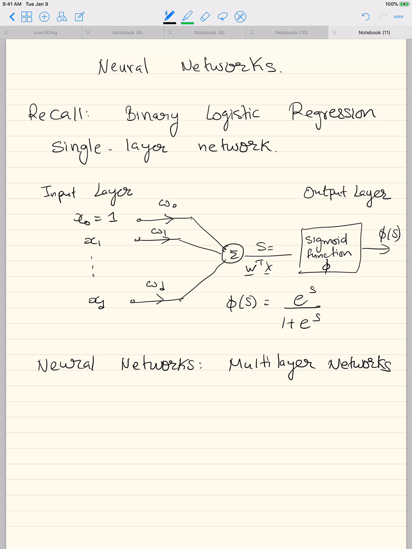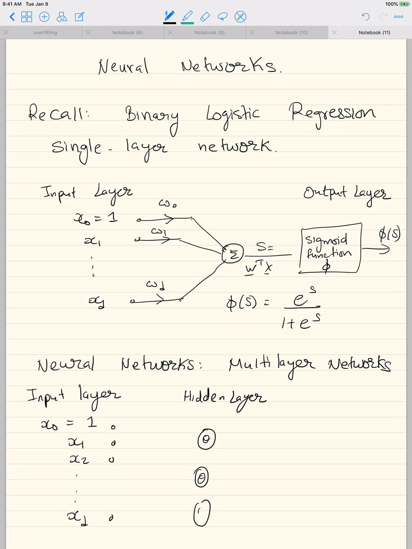So here the idea is we still have an input layer, we pass it through an intermediate layer called the hidden layer. So there is a set of nodes here with some nonlinear function theta, and there is a bipartite graph connecting the input nodes to each node in the hidden layer.